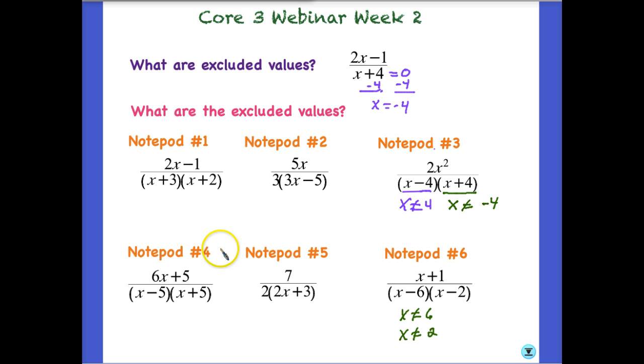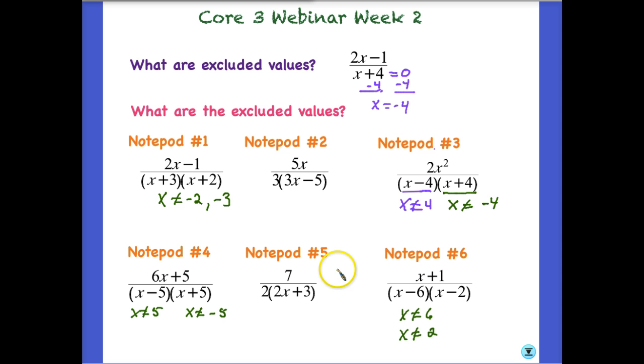Okay, oh, Bree, you got yours. So Bree, you have that x cannot be negative 2 and negative 3. You are exactly right. Very, very good. So Emma, you got, what number are you, 4? You are exactly right. Perfect. Because in this first case, x cannot be positive 5, and in the second case, x cannot be negative 5.